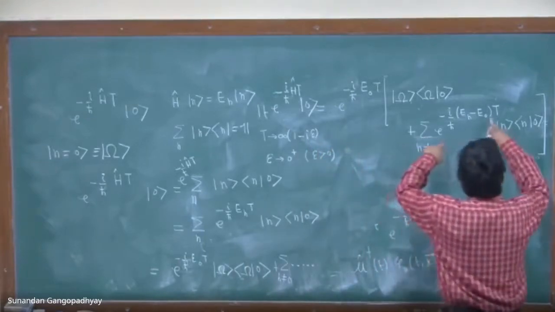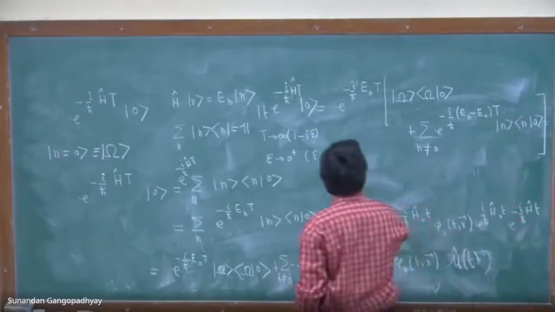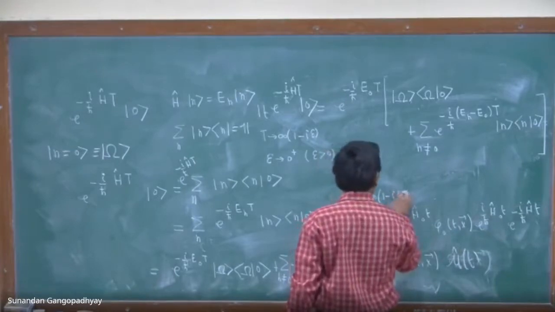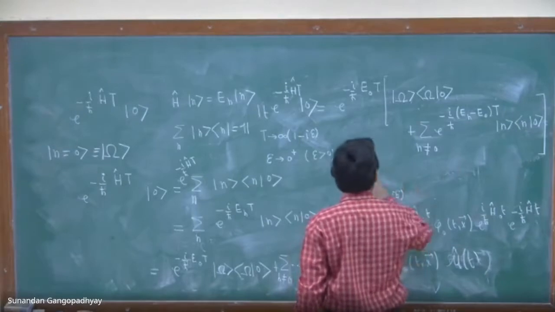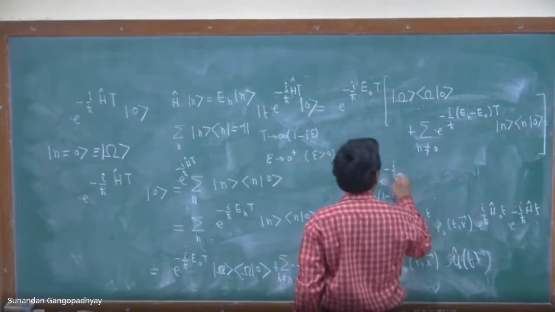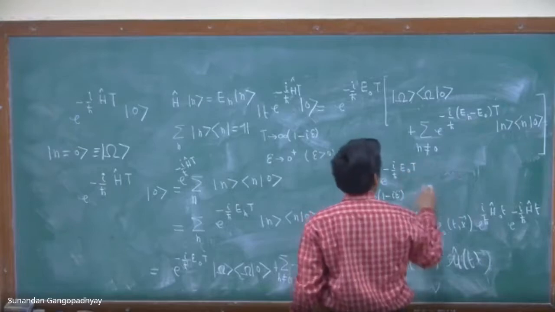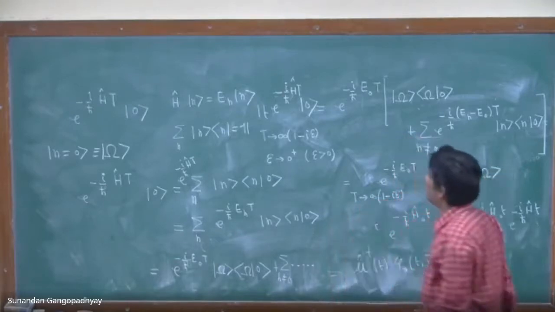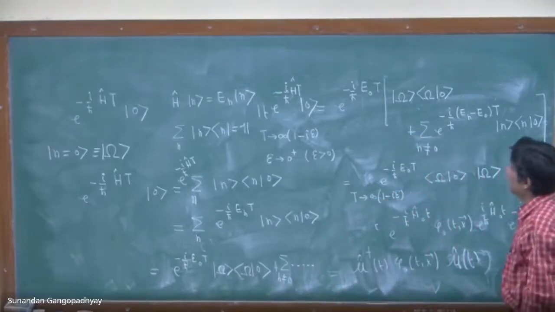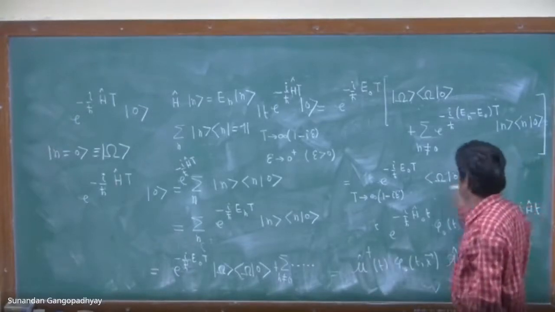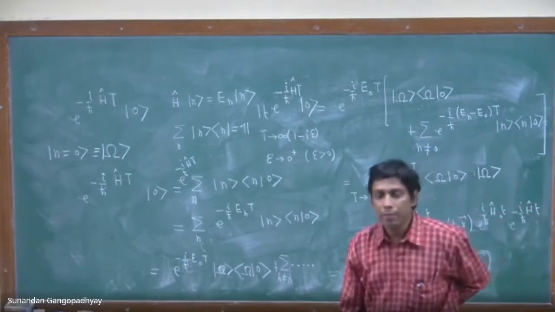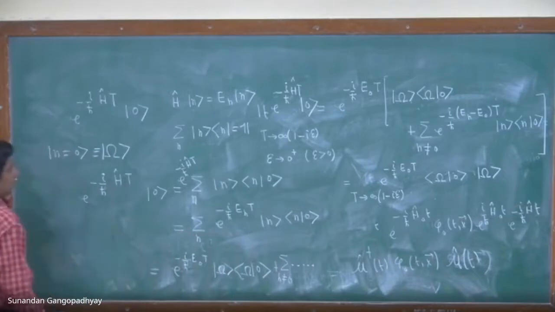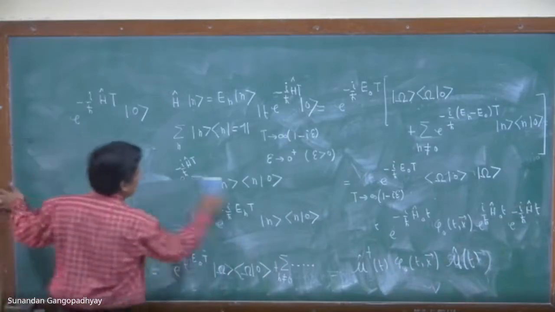So all these terms will go away, and therefore this will be nothing but limit t tending to infinity into 1 minus i epsilon, e to the power of minus i by h bar E naught t, 0. So what we have managed to do is we have actually isolated the ground state of the full interacting theory. And let us see what we can do further.